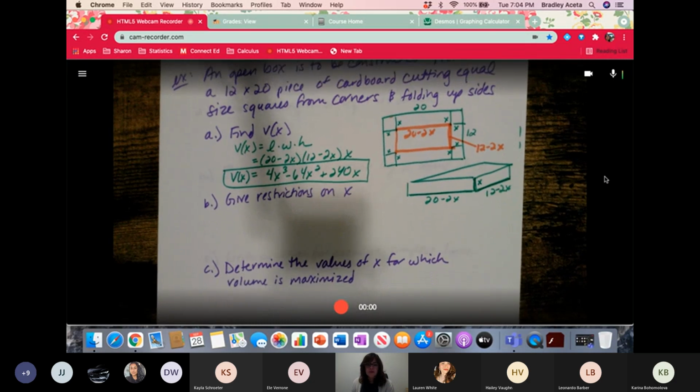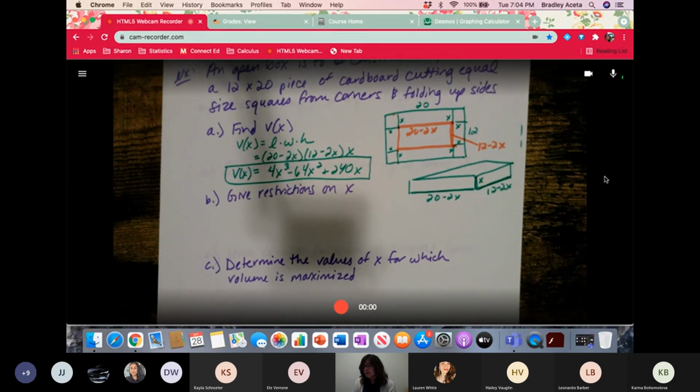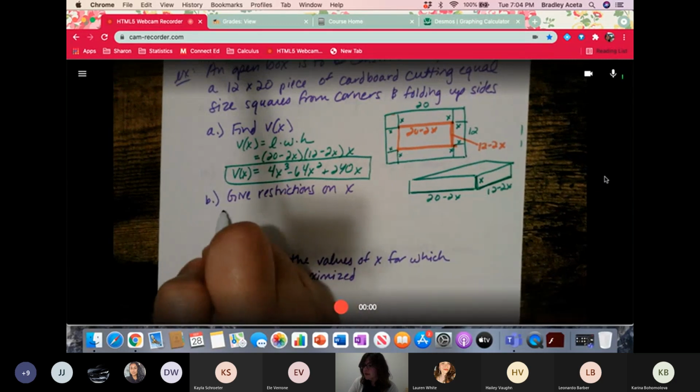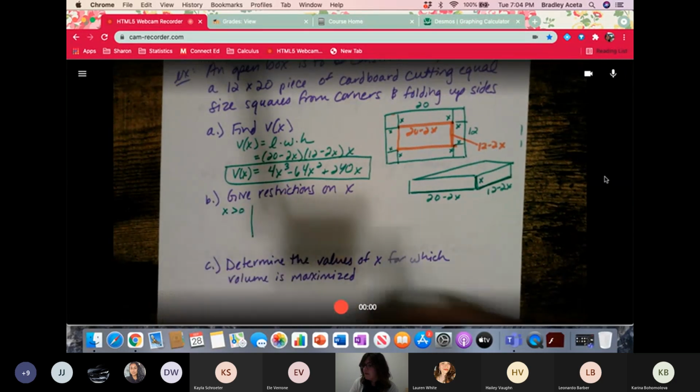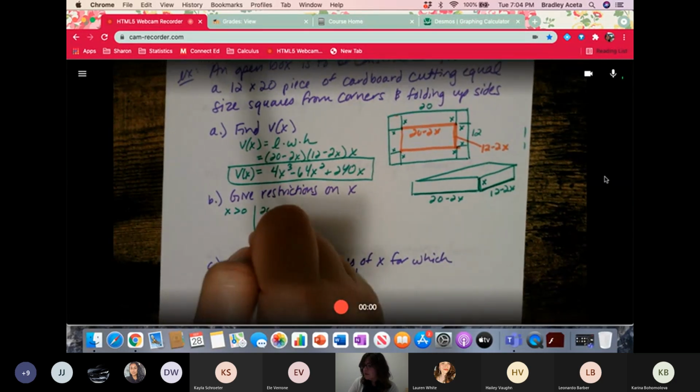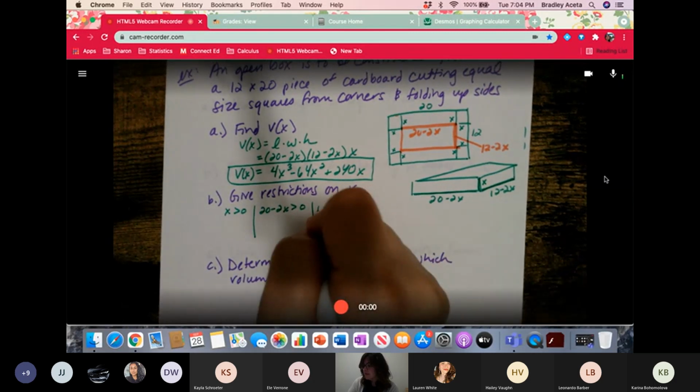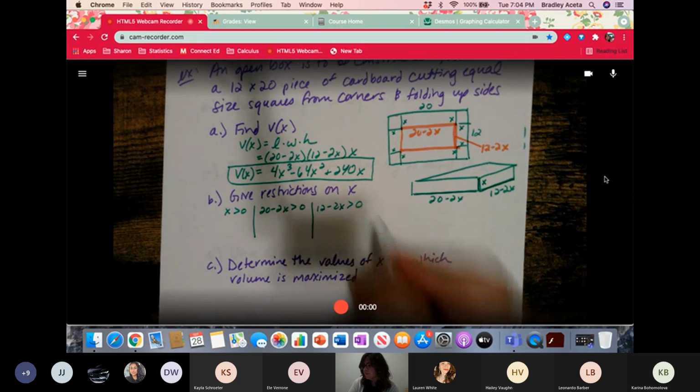Now, part B, give restrictions on x. So again, all of our factors here, all of our side lengths have to be bigger than 0. We can't have a side that's equal to 0. So our restriction would be that x has to be bigger than 0, that 20 minus 2x has to be bigger than 0, and that the 12 minus 2x has to be bigger than 0.